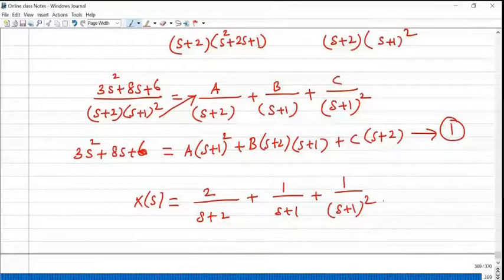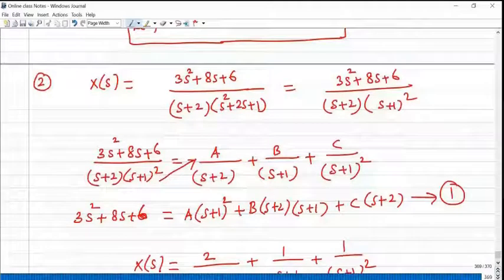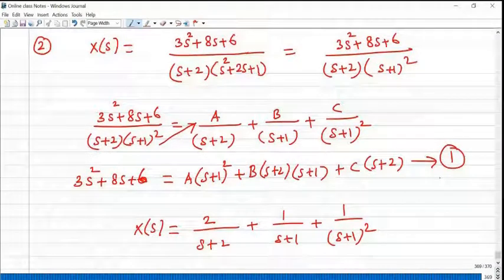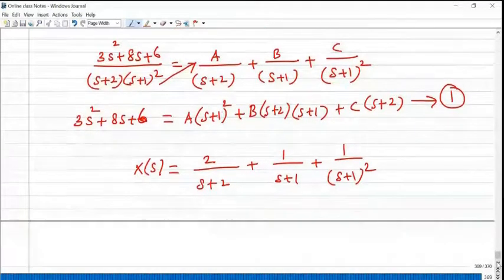I hope you can solve it easily. Please do it yourself, practice. Find the A value, B value, C value from equation number 1, by substituting appropriate s values or by comparing the s² value and s value on both sides.